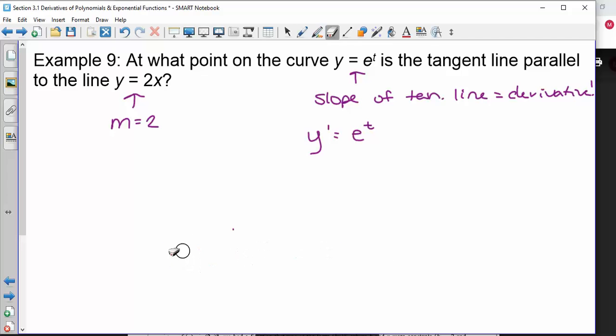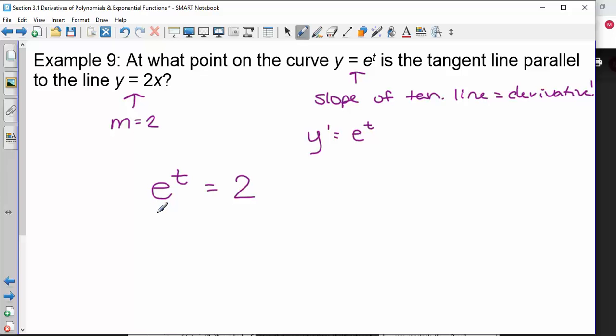Okay, so I have an equation for my slope of the tangent line, and I want that slope to equal 2. So in other words, I need my derivative, e to the t, to equal 2. Going back to your college algebra days, solving an exponential.